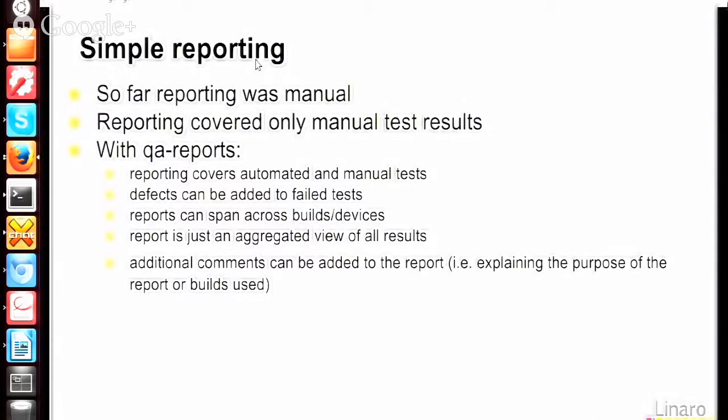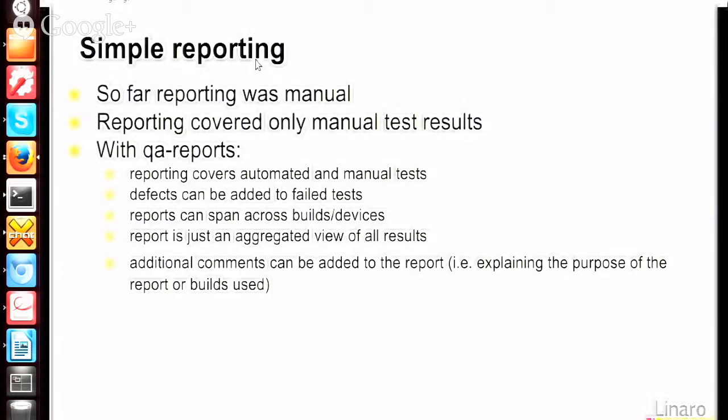We can add defects. Defects are added manually at the moment. I don't know a good way of automatically adding the defects. It would be like a miracle, but yeah, no good way of doing that for now. Someone has to go to the failures and see where the bug report is, or file the bug report.